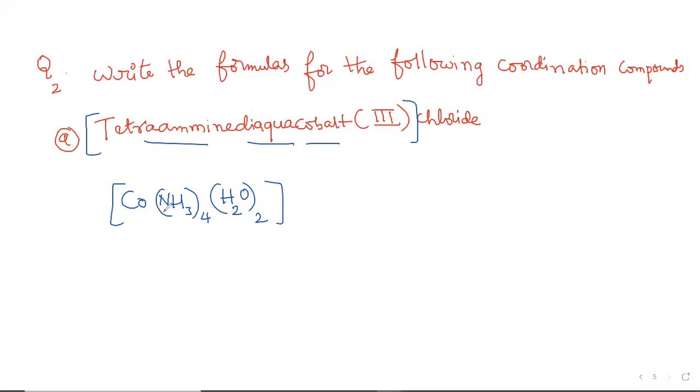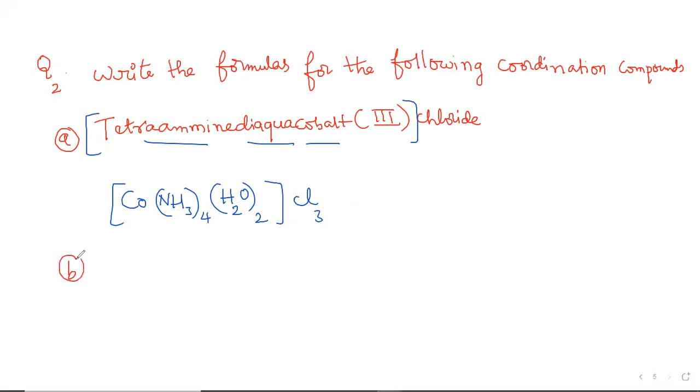Do remember, both the ligands are neutral, so the chlorides we write outside must equal the oxidation state of cobalt. So we will write 3 Cl outside the coordination sphere. The formula is [Co(NH3)4(H2O)2]Cl3.